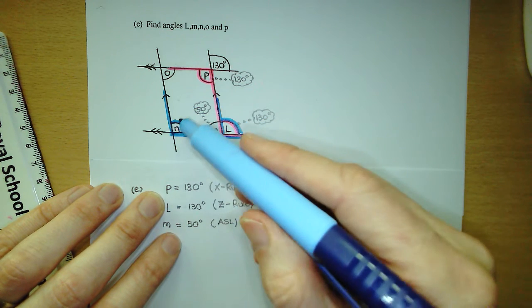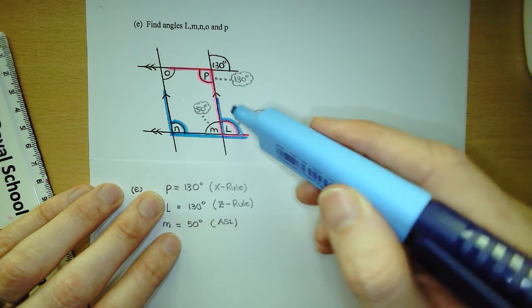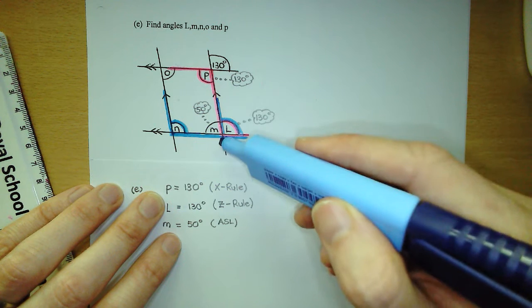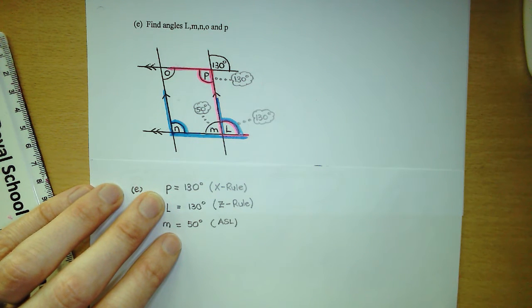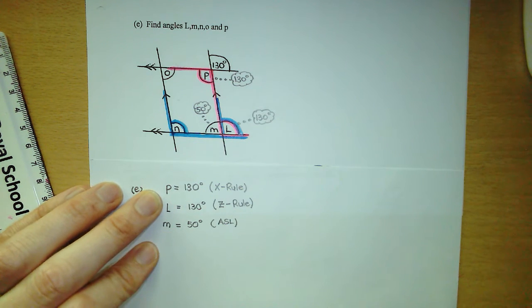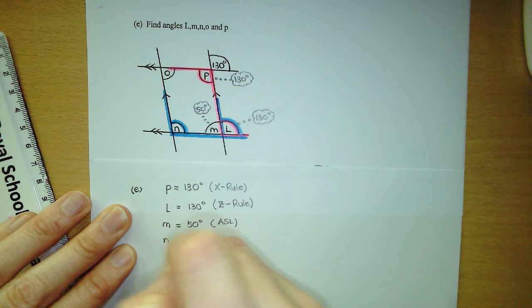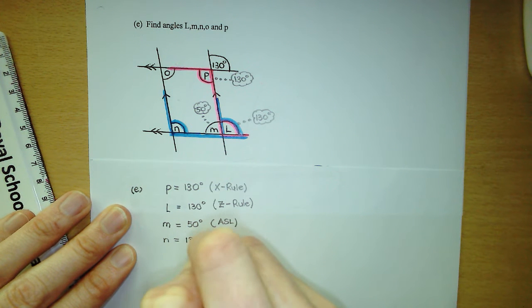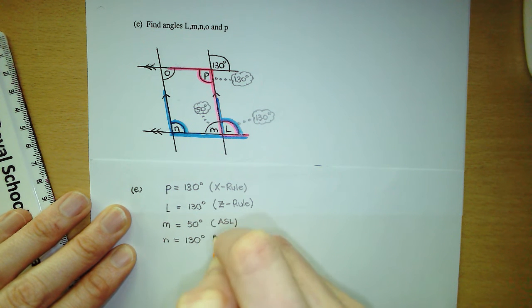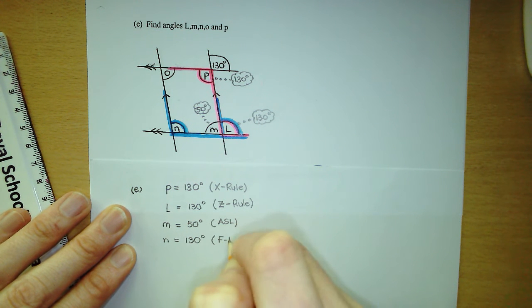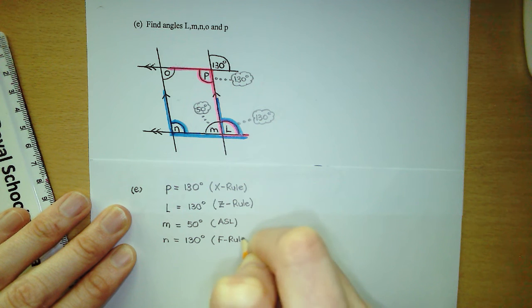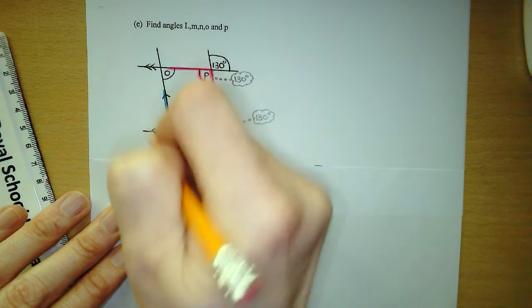N is to the right of this parallel line, and L is to the right of this parallel line. So they're corresponding, and that means they're the same. So if L is 130, N is also 130. And again, we can pencil that into our diagram.